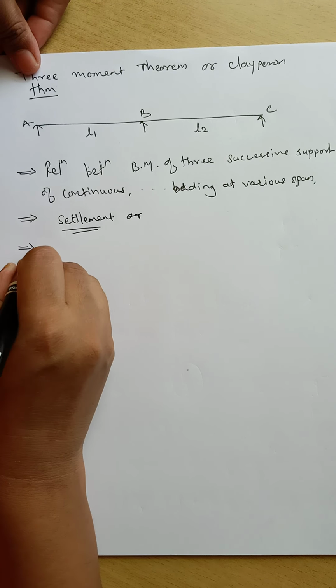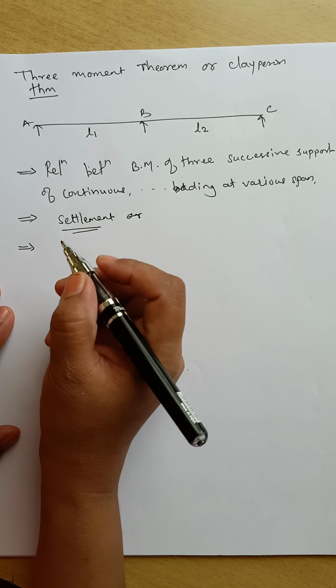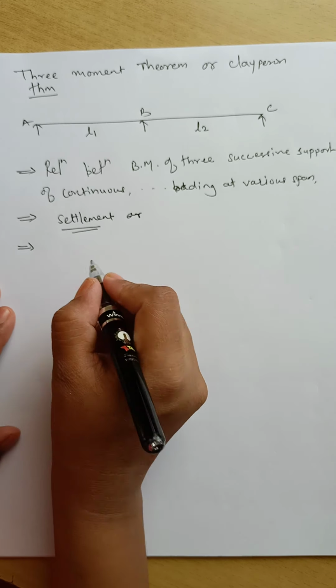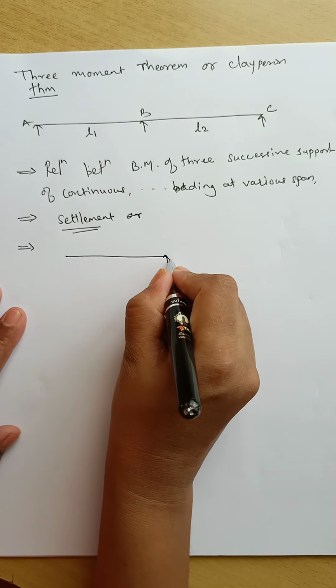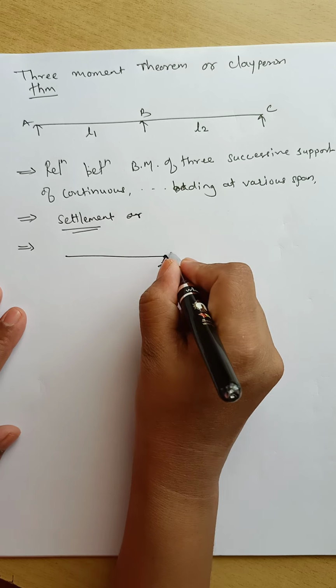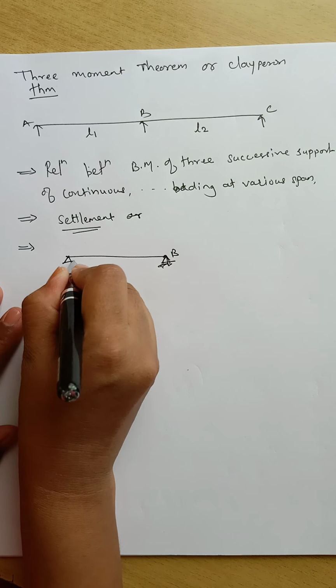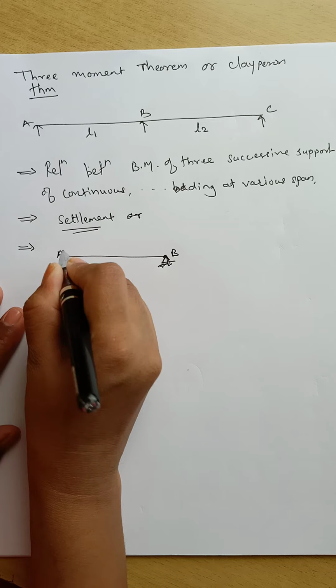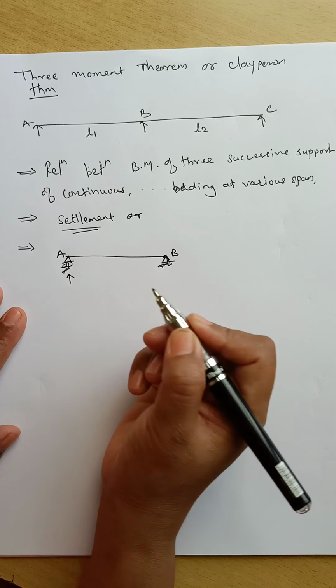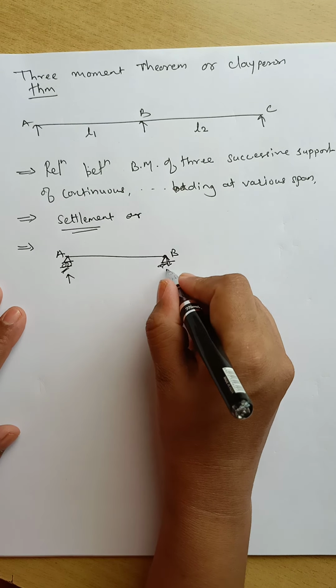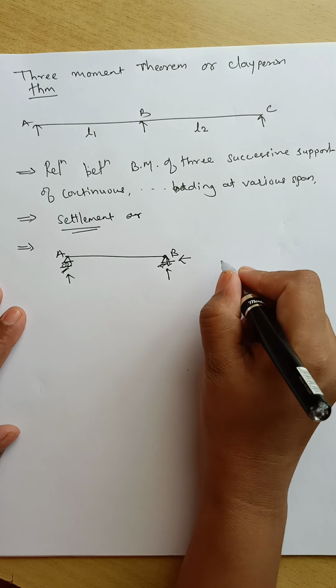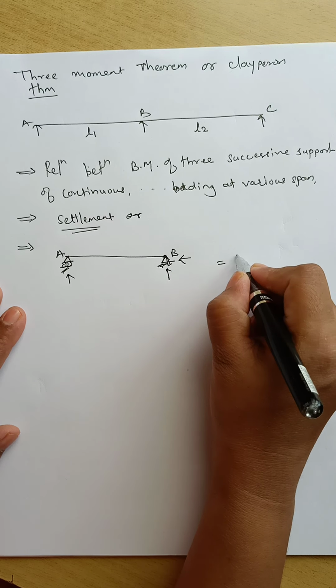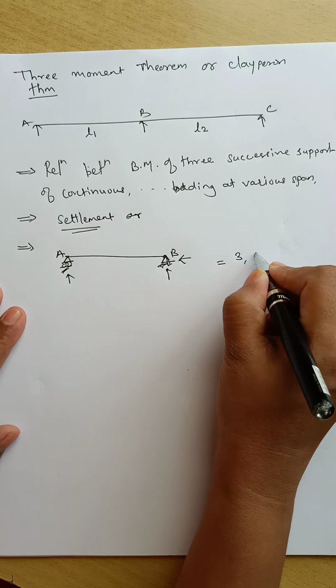Okay, now we know determinate structures. Suppose beam AB is simply supported, with a hinge support at A and a roller at B. It has one reaction at one support and two reactions at the other, so beam AB has three reactions.